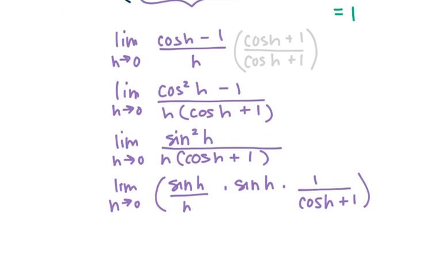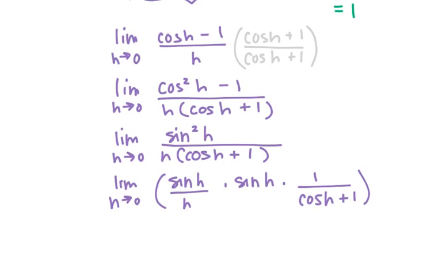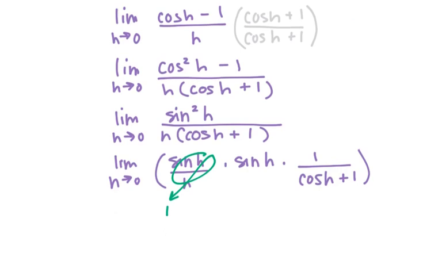What we know is the limit of a product is the product of the limits. So essentially I can take the limit of each one of these factors. As we stated up above, the limit as h approaches 0 of sine h over h goes to 1. The limit as h approaches 0 of sine h is the same as sine of 0, and sine of 0 is 0.